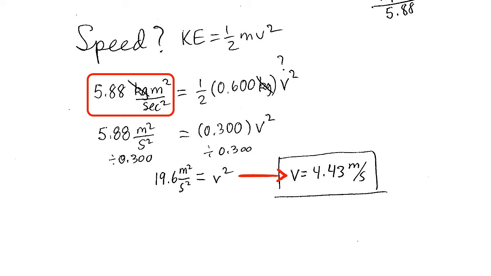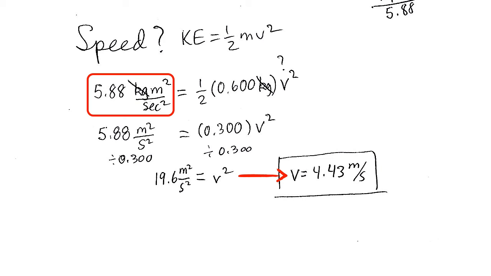And the answer to that is yes. But I know that I want to cancel something, and what I'm going to try to cancel is a mass. So if instead of writing down 5.88 joules here, I write down 5.88 kilogram meters squared per second squared, I'll have kilograms on both sides, and I could chop them right out.